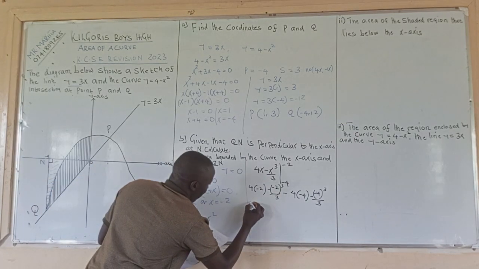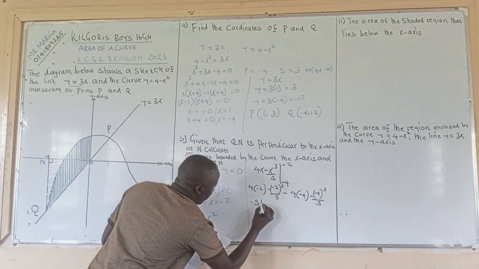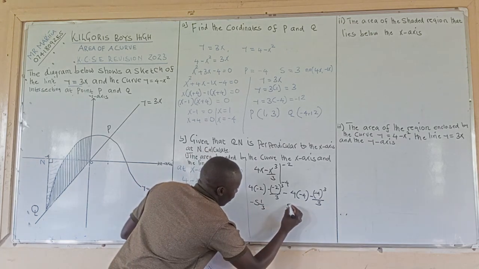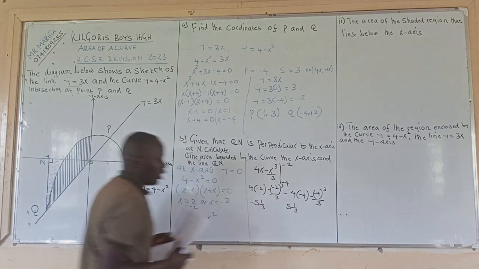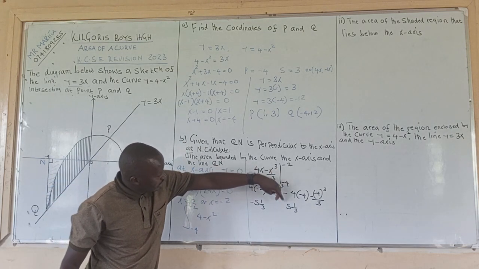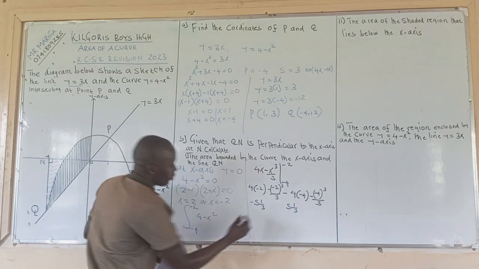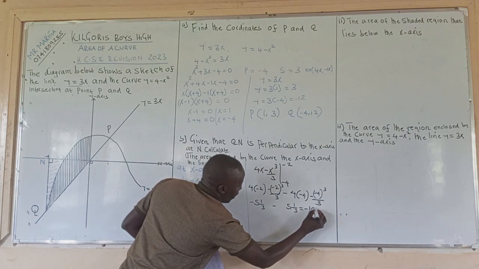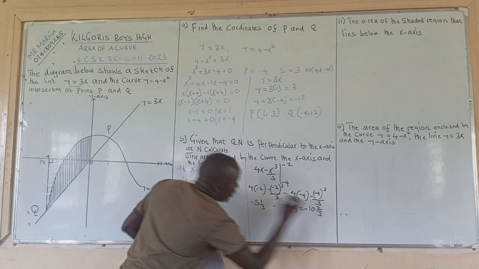Simplifying, this side gives negative 5 and 1 over 3, and the other side gives positive 5 and 1 over 3. So we subtract, and we have negative 10 and 2 over 3.